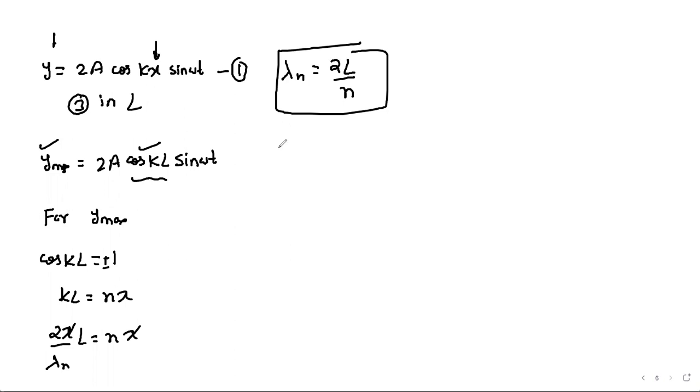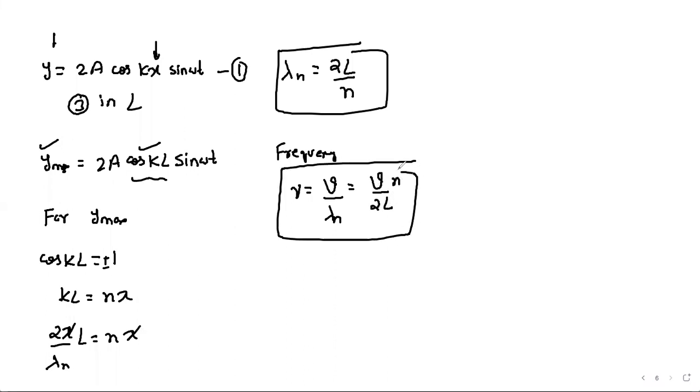You can also calculate frequency here. Frequency is V by the wavelength. So you have V by 2L by n, the same expression as you get in standing wave in a string. But here the speed of wave V is root over gamma p by rho.